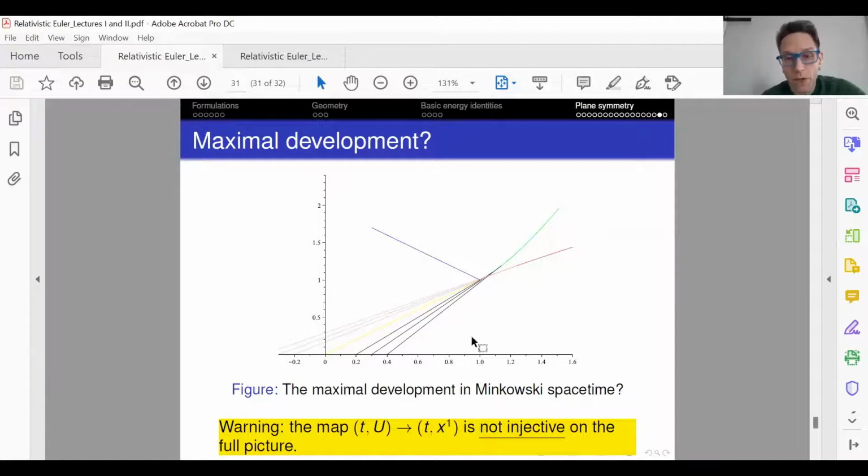You say, I want to study the part of the solution where you have a singularity forming from the collapse of these black lines on this green curve. Then I study the part of the solution where you have these pink curves, but I don't look past the green curve. In particular, I don't go into this region where the red curve is, I don't follow these pink characteristics.